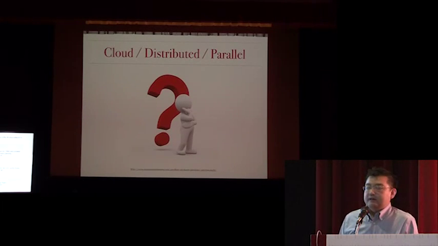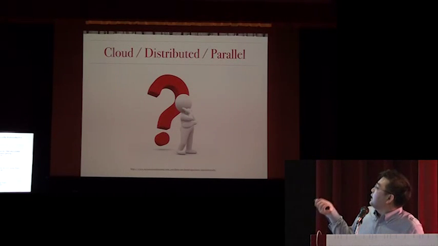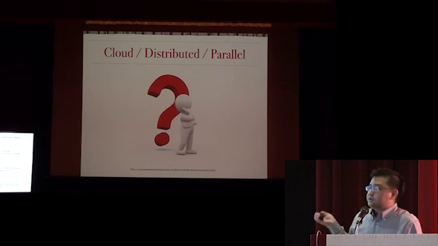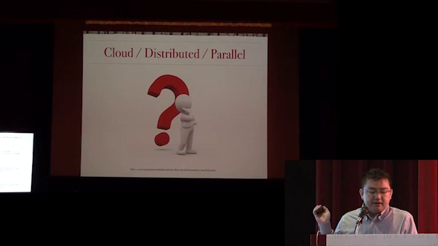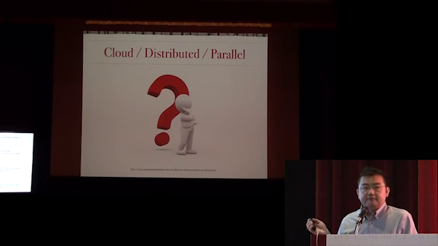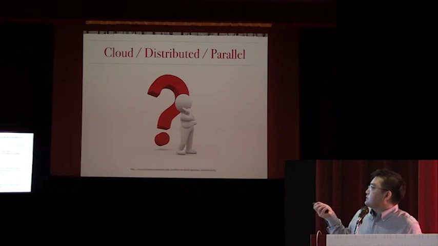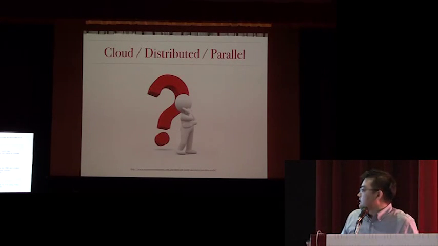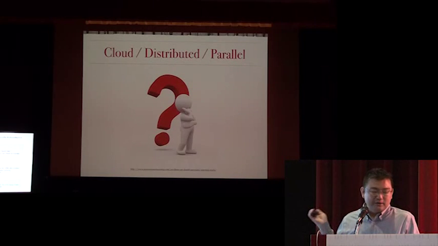But this is the cloud age, so how to do cloud, distributed computing or parallel computing is a question, because there are not many Ruby genes or much work on bioinformatics that discuss these topics. So it's a question. I don't know how to answer it.